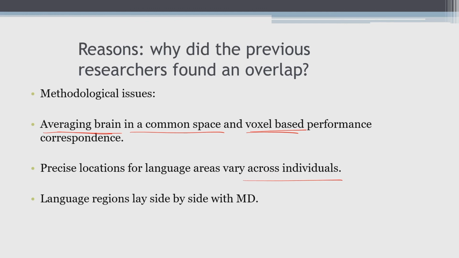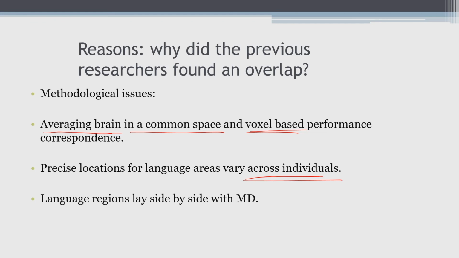So, basically the methodology has to be changed, and more fine tuned methods have to be utilized, also taking another very important aspect into consideration, which is the inter subject differences. Each human has slightly different regions for language functions.